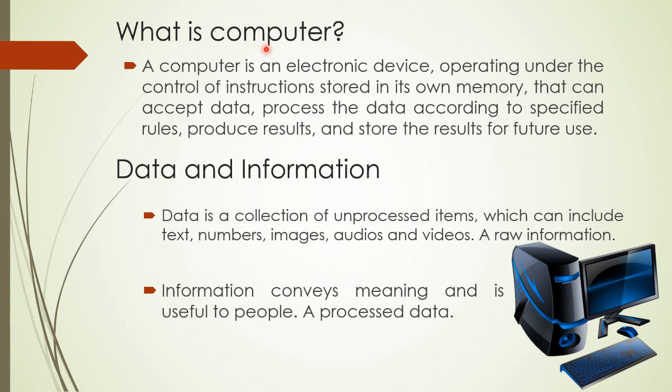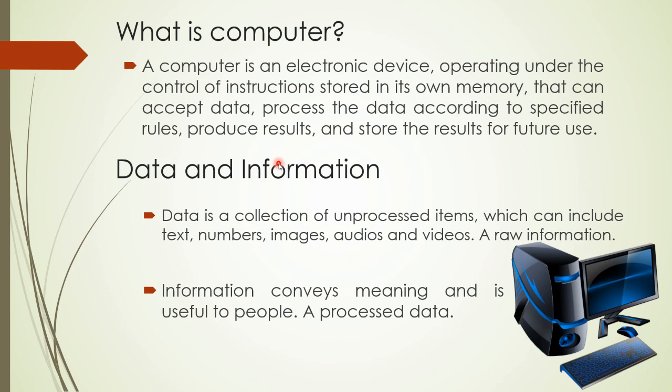So what is the difference between data and information? So we know that computers process data into information. So unsa gyud ni? When you say data, data is a collection of unprocessed items which can include text, numbers, images, audios, and videos. Or in short, this is raw information.